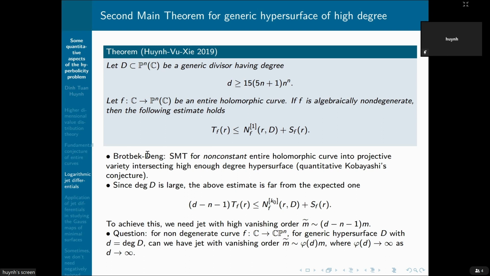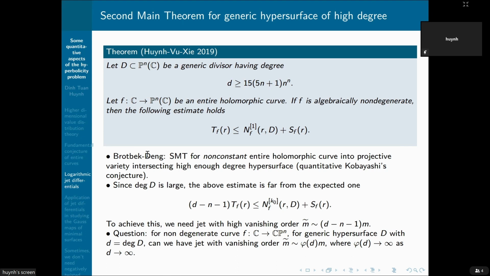But after that, for example, if you apply some slanted vector field with low pole order, we need to apply it enough times to produce really good jets. So in this sense, you may not have a good vanishing order at the end. We need to apply essentially n times the vector field to get one good jet.